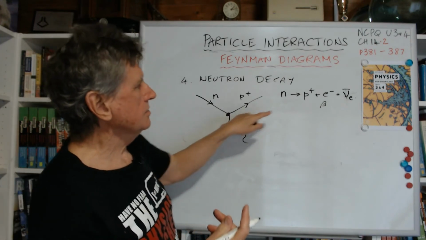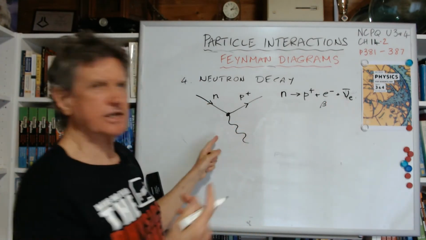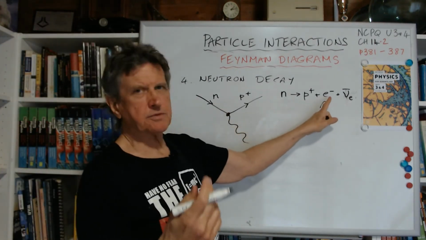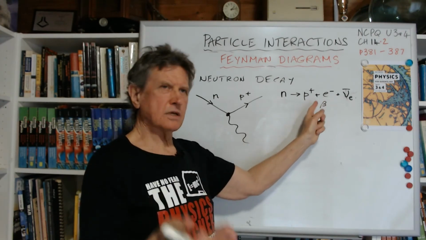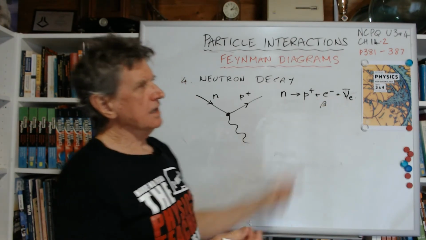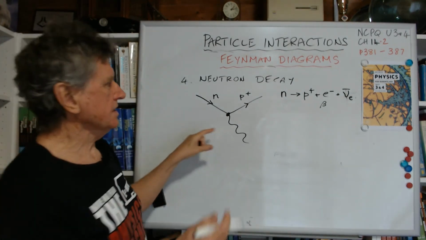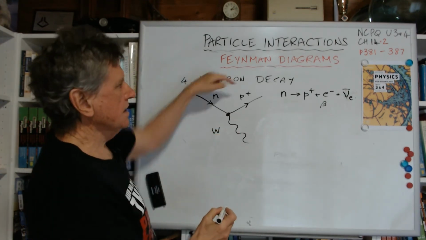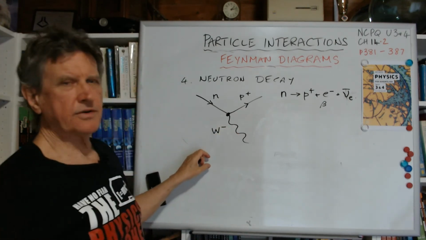Now you learnt that the gauge boson associated with the weak nuclear forces was a W boson. So this has to be a W boson, but because that's positive, this has to be negative. So that's a W negative. Now if you wanted to, you could put an arrow on that, but I'm not going to. The syllabus doesn't, and we haven't in the textbook.